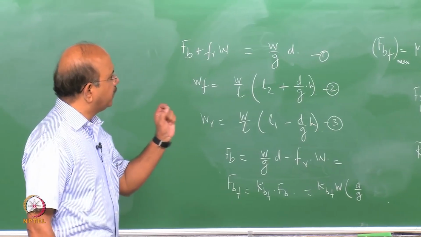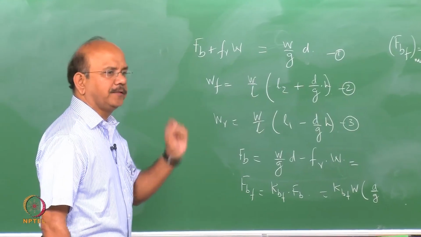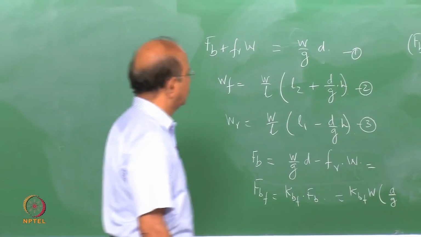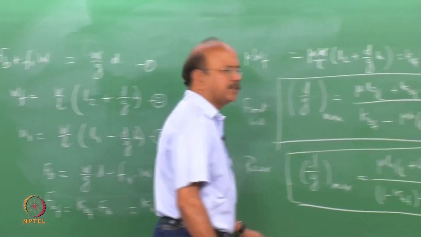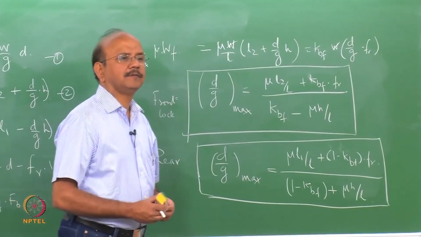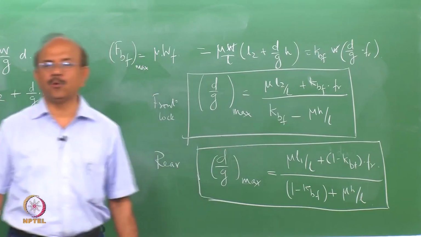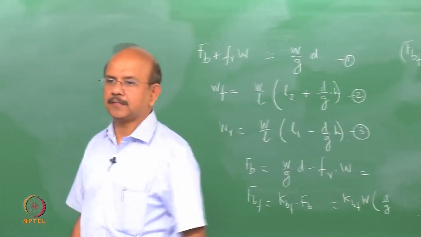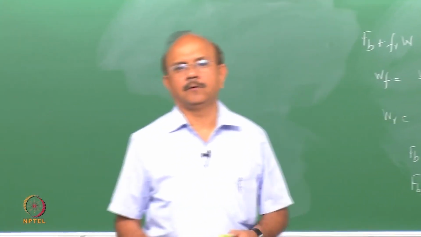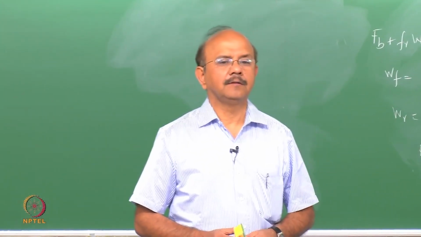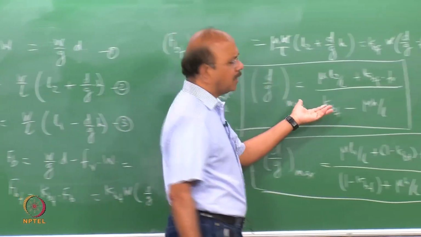You have to be very careful in interpreting this equation. For example, KBF is equal to 0. Let us say it is possible that I have all the braking on the rear wheel, KBF is equal to 0. What happens to this equation?